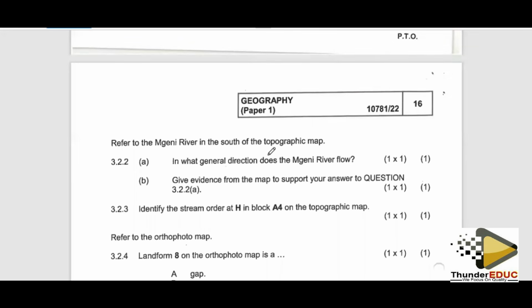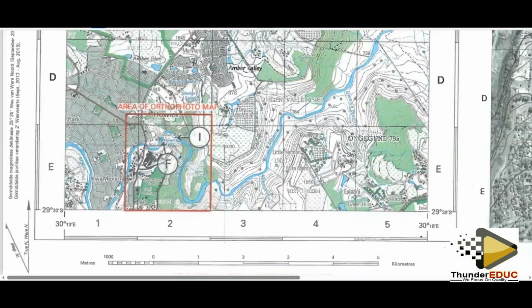It says, in what general direction does the Umgeni River flow? Let's check. You can see that this side is too steep, right? And we know that rivers originate from steeper areas and flow towards gentle places.